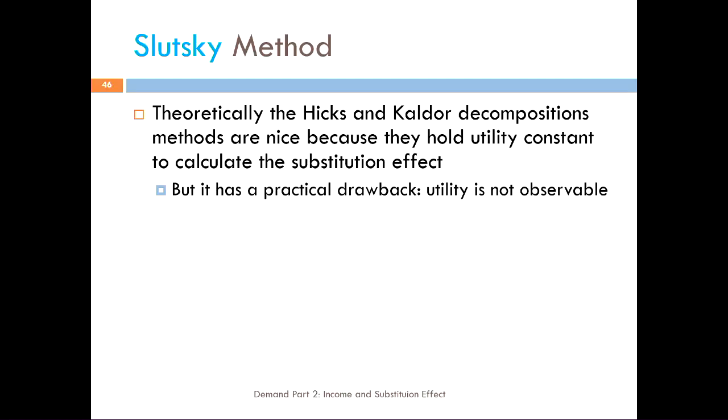I say, well, based on these prices, you chose this bundle, right? You chose to consume this much X and that much Y. And at a different set of prices, you chose a different bundle, that much X and that much Y. Right? I get to observe that in the data.